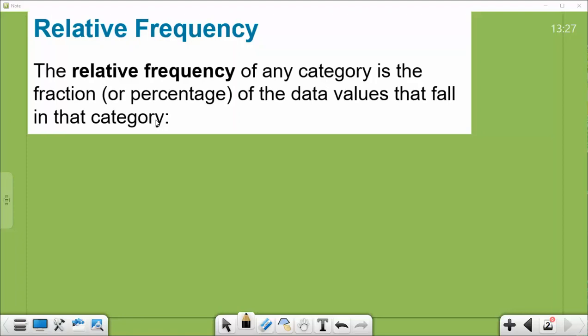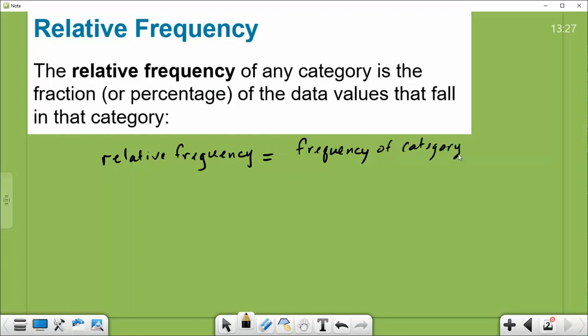So the formula for relative frequency: you're going to take the frequency of the category and then divide that number by the total frequency for all the categories.